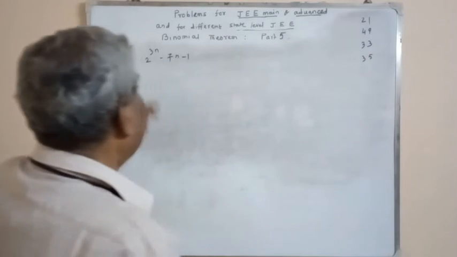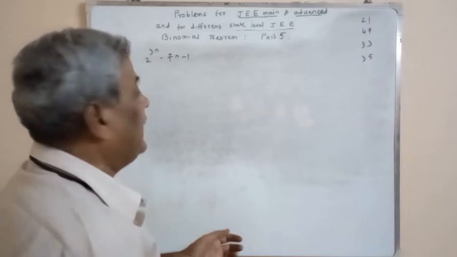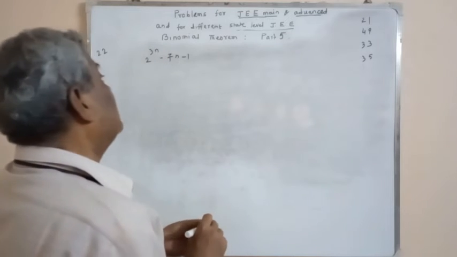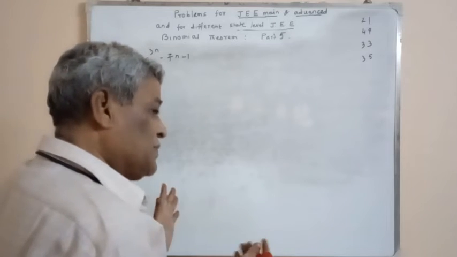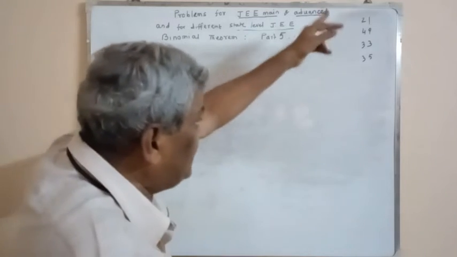So here this is a number depending on n. This value, for all values of n, is divisible by a greatest number. Which one of the following is the greatest number?